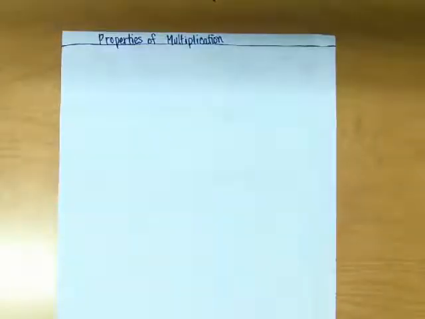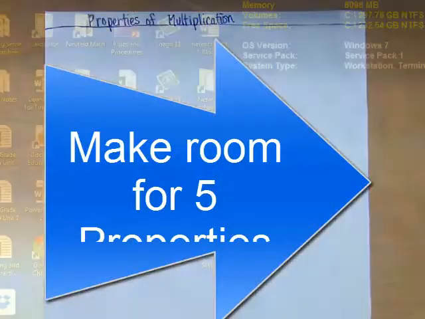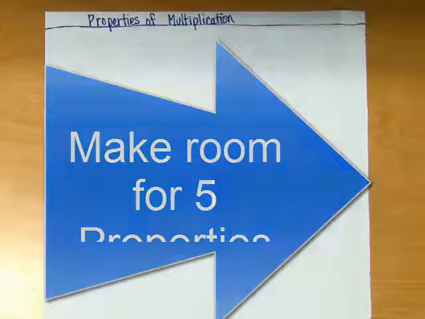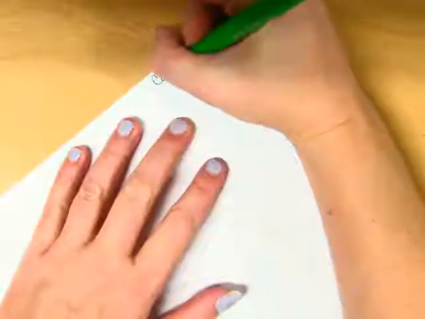Okay, so with our properties of multiplication, we're going to have 5 instead of 4. So we're going to have to squish these in a little bit and make them fit. So you'll see some similarities here.